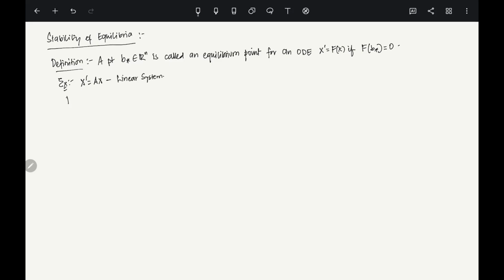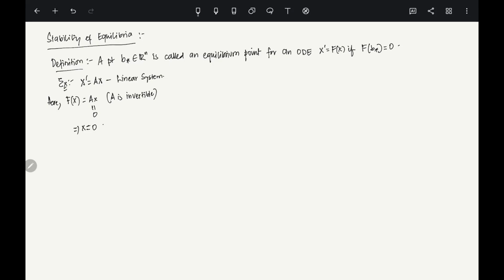Now you see what f of x is here. f of x is Ax. And for now, let's just assume that A is invertible. It doesn't have to be, but let's just assume this. If this is the case, then if we want to find the equilibrium points, we have to ask when Ax equals 0. Since A is invertible, that implies x has to be equal to 0.